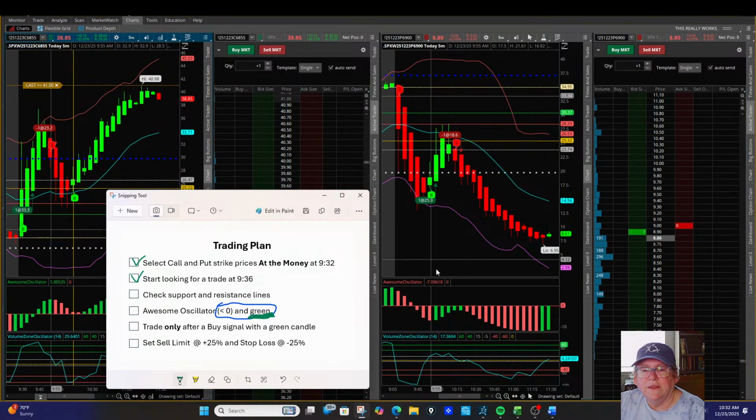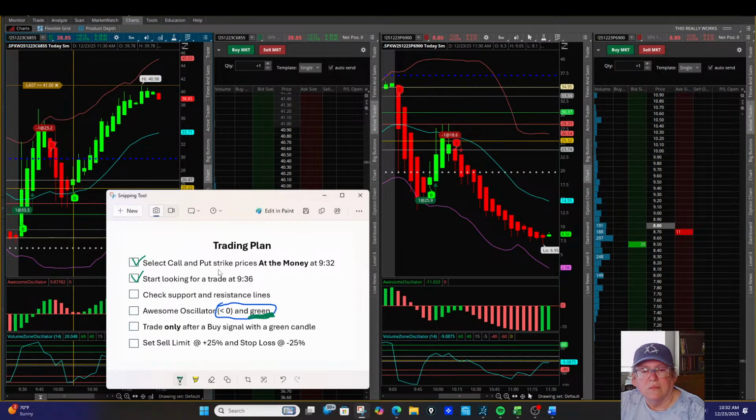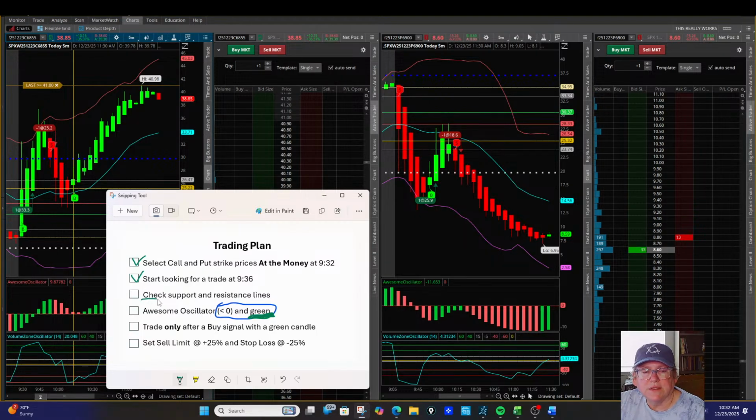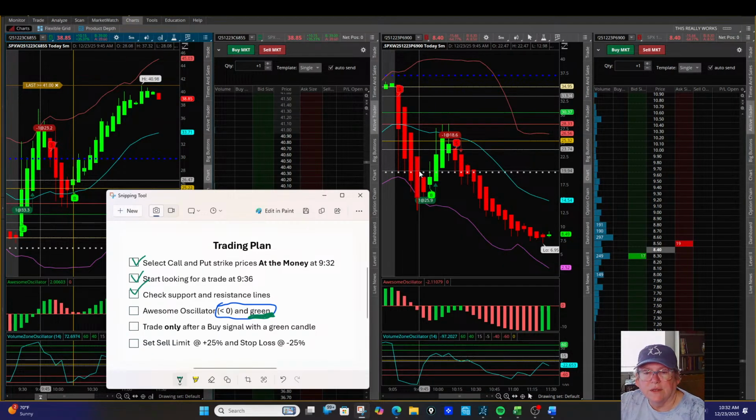So in this case, this would have followed the trading plan. However, checking support and resistance lines, that is so important. Oops. Just check it. Because it paints a very good picture of what's happening here.